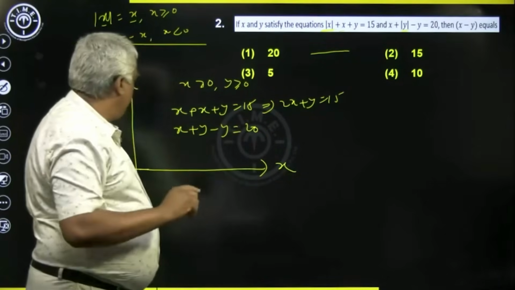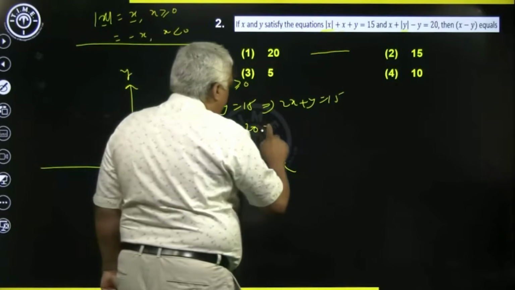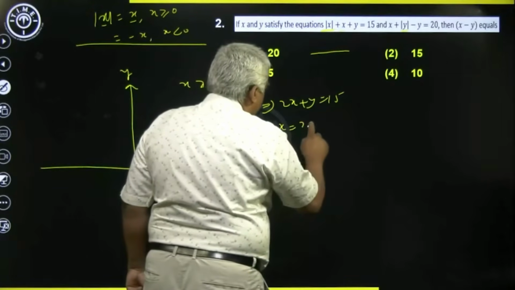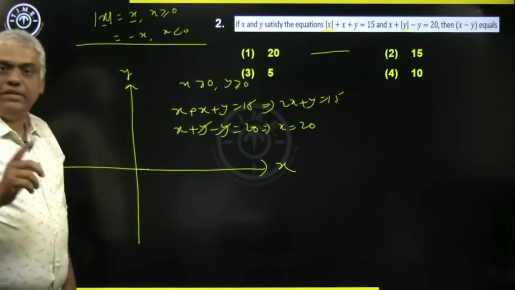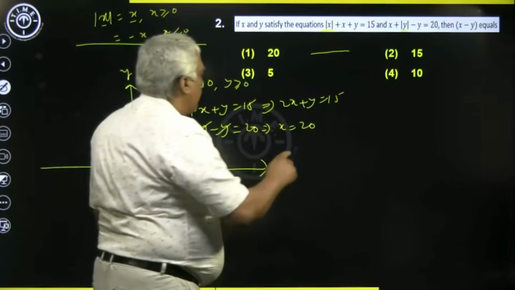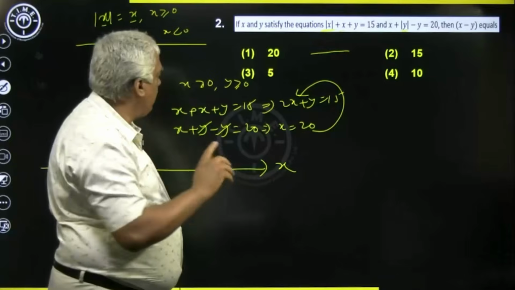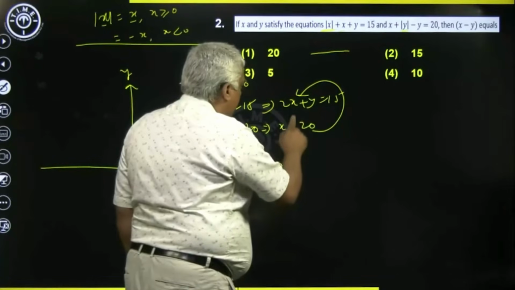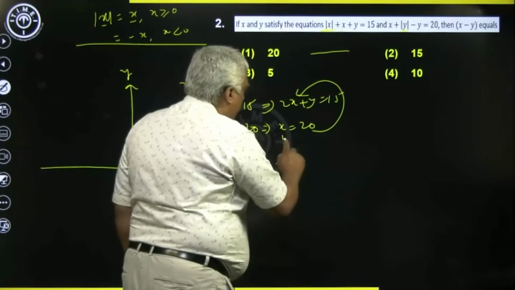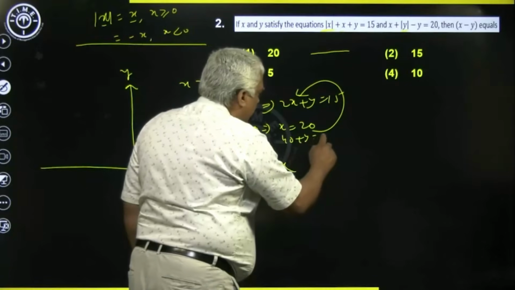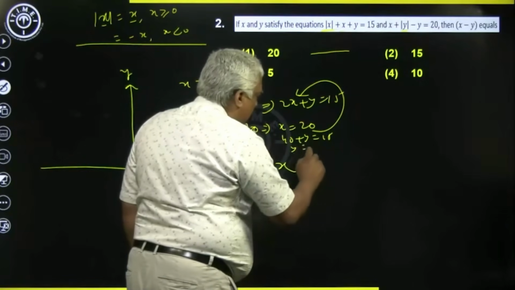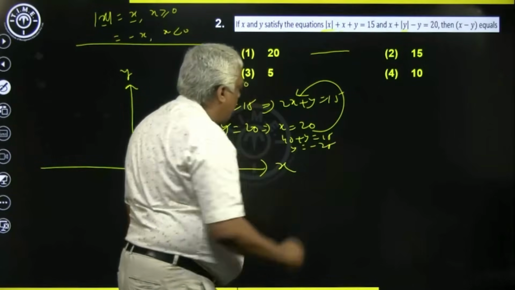So y cancels, and we get x = 20. Now, if you substitute x = 20 here, 2 times 20 is 40, 40 + y = 15, so y will become -25.